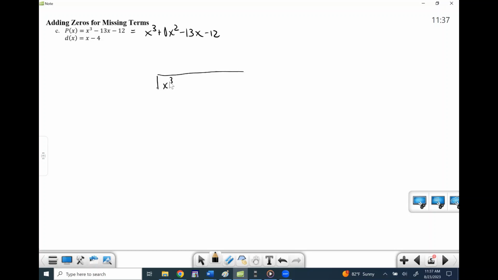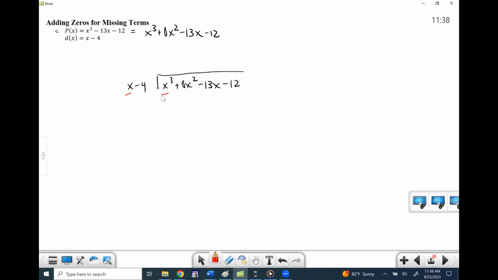Got to remember to have that 0x squared, basically serving as a placeholder so that everything lines up nicely. In synthetic division, if you don't have it, it'll be disastrous. Here you might notice, oh, I'm missing it, because the terms won't line up. Okay. All right, so it's all about the fronts.